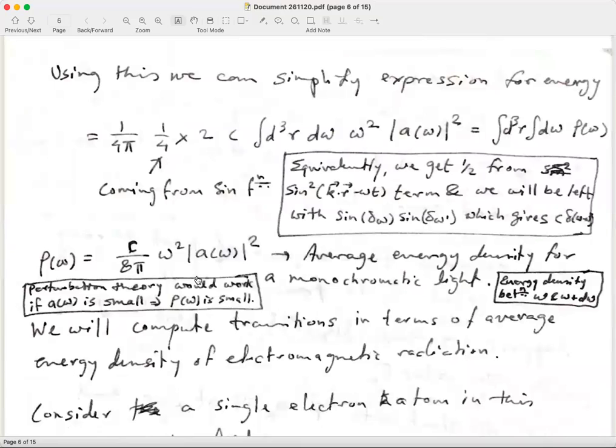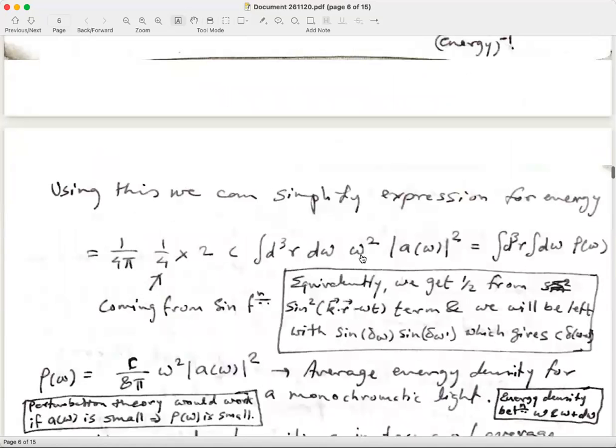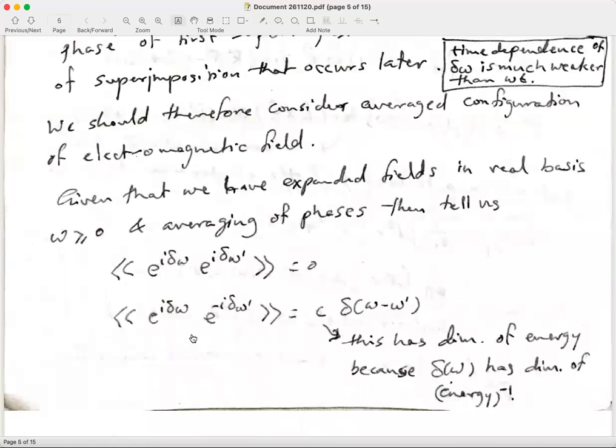And that is the average energy density for monochromatic light. Why monochromatic light? Because you have taken a fixed value of omega, since the averaging over phases actually fixes the frequencies to be the same.